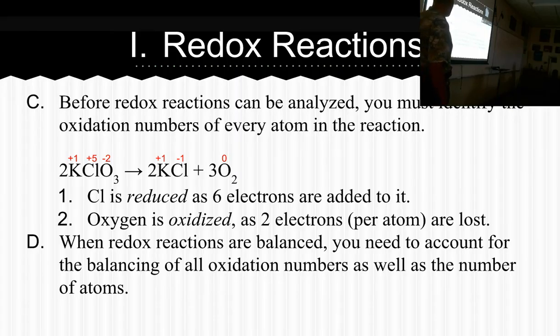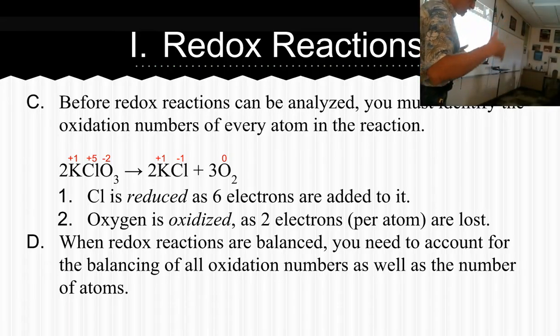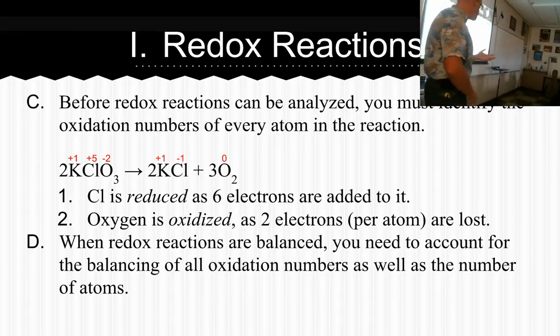There are 3 of these oxygens, and they're going to win in the electron tug of war with potassium and with chlorine. They're going to wind up keeping the 2 electrons out of the pair that it was sharing with those things. So each oxygen becomes -2. That would be its charge. If you were to rip it violently out of the molecule and look at it, it would be -2.